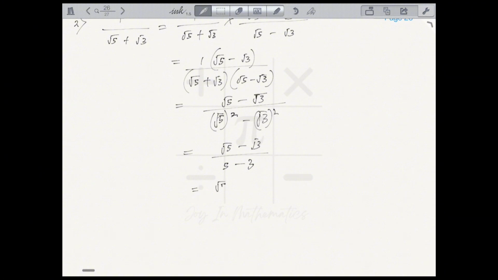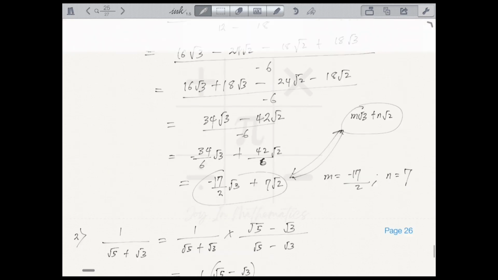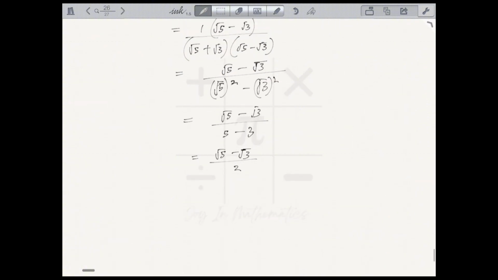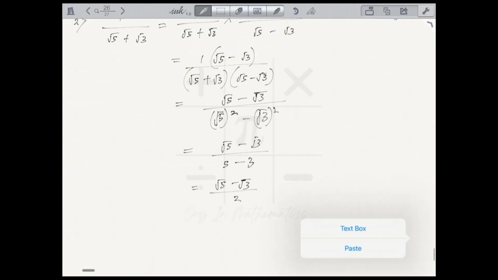So this will be root 5 minus root 3 divided by 2. Now if you go back to the question, it says we should express it in the form of p root 5 plus q root 3.